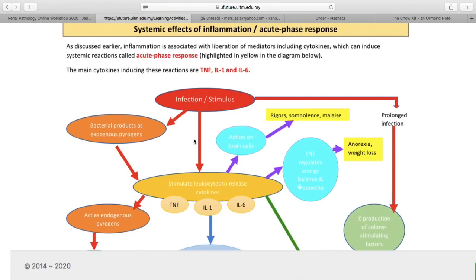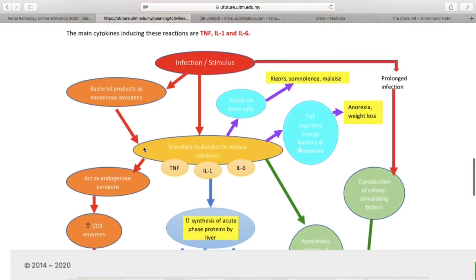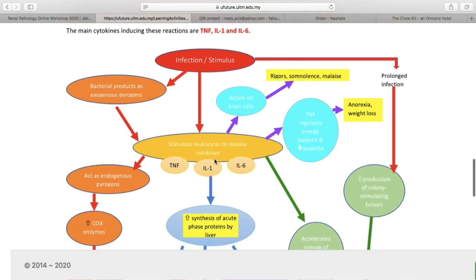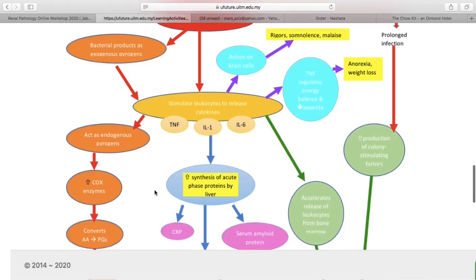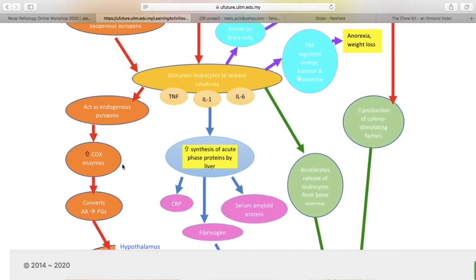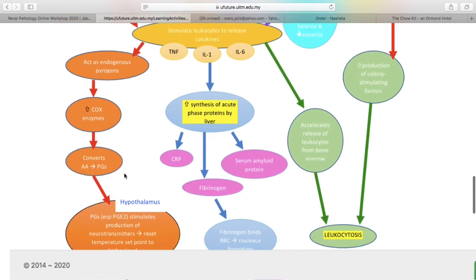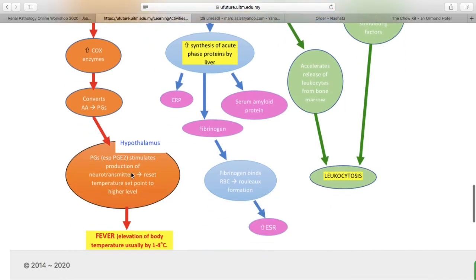So if you have a look here, we have an infection or some kind of stimulus to the inflammation, and if it's a bacterial product, it will act as exogenous pyrogens, and that will stimulate leukocytes to release cytokines such as TNF, IL-1, IL-6, which now act as endogenous pyrogens, leading to increased activity of the COX enzymes, conversion of arachidonic acid to prostaglandins, and in the hypothalamus, these prostaglandins will stimulate production of neurotransmitters, and the temperature set point will be reset to a higher level.